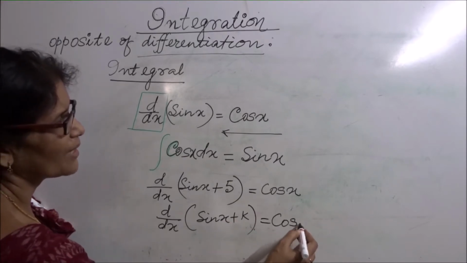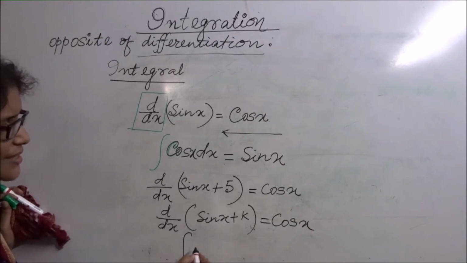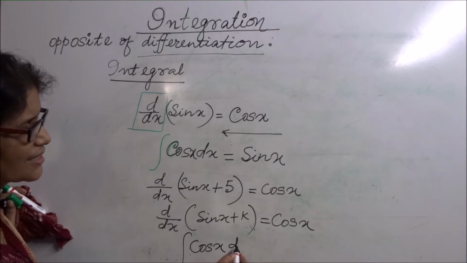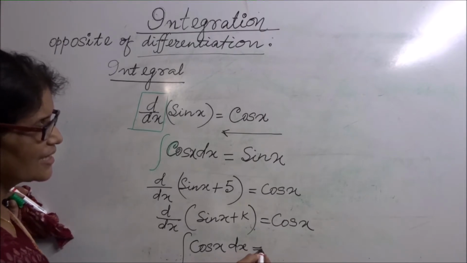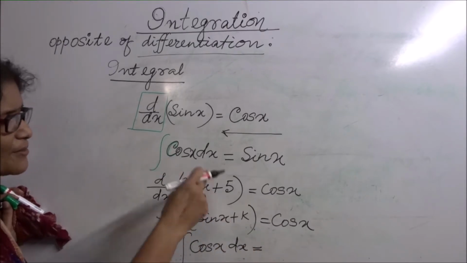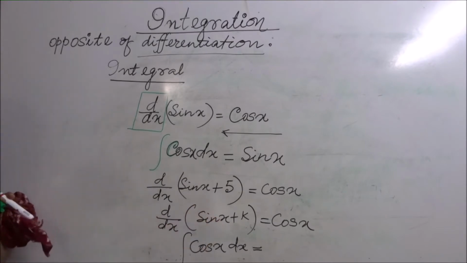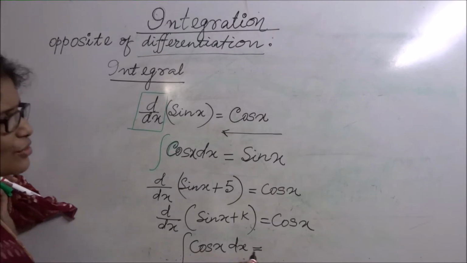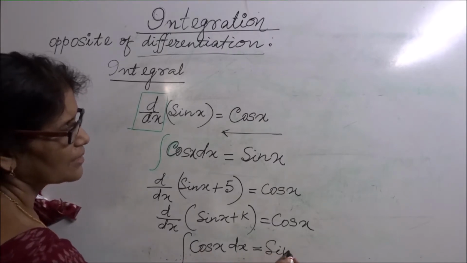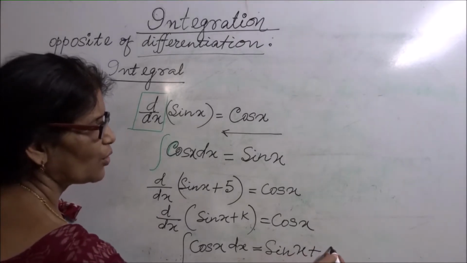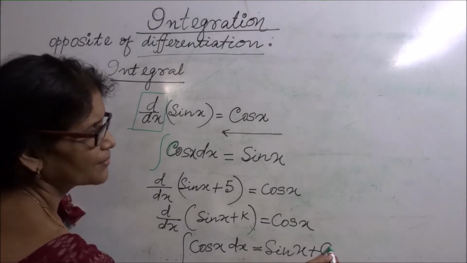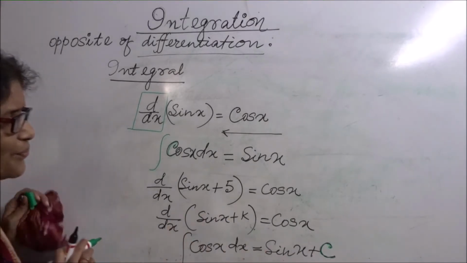But while I am writing the integration of cos x dx, I may write sin x plus 5, I may write sin x plus k, I may write sin x plus any other constant. What it was, I don't know. So I'll write sin x plus a constant, and we say it arbitrary constant, and it is denoted by c.